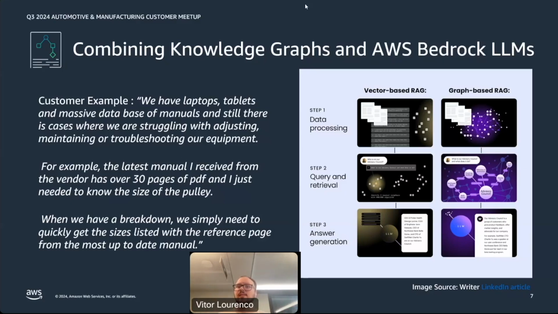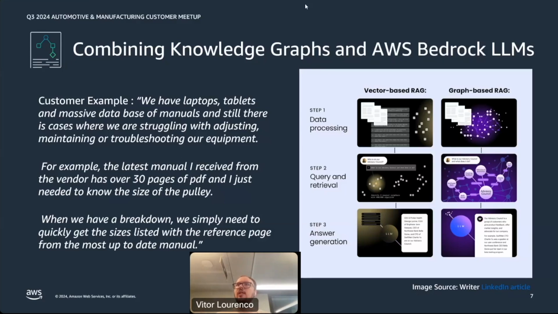But a graph-based system, given the relationship between the equipment and parts, can retrieve such information. Also, the graph-based approach allows us to better integrate both scenarios, where we have transactional information with structured data and unstructured data from texts, manuals, and multiple other sources of documents that we rely on in our context.